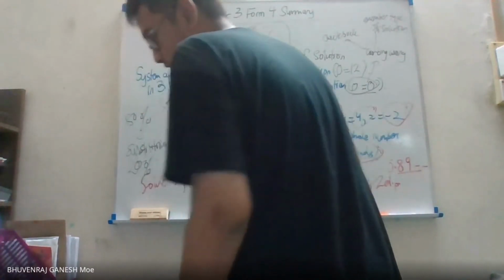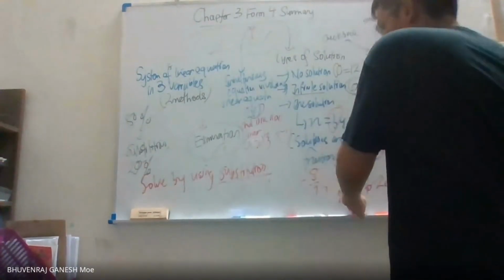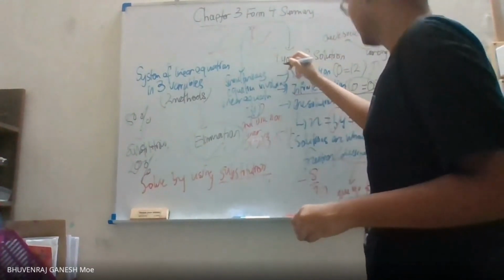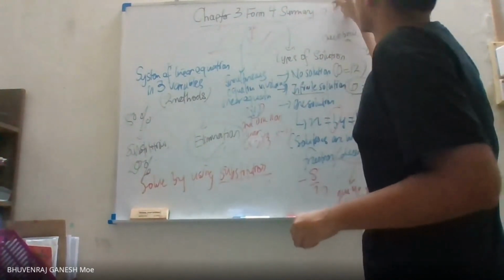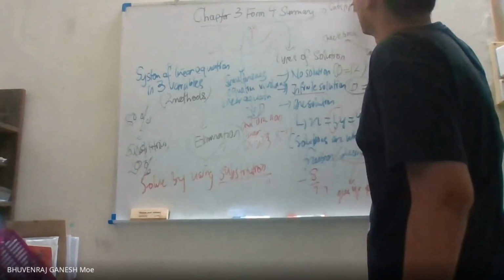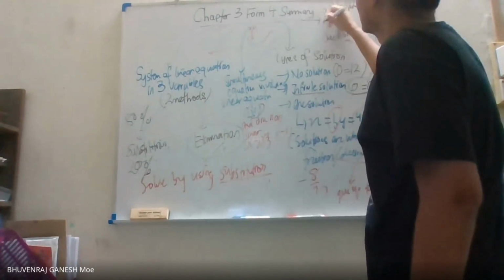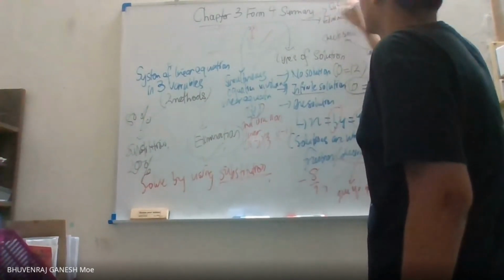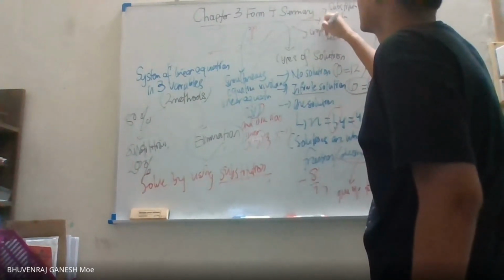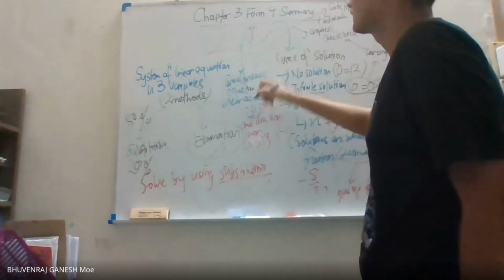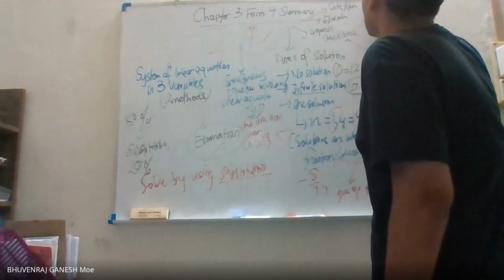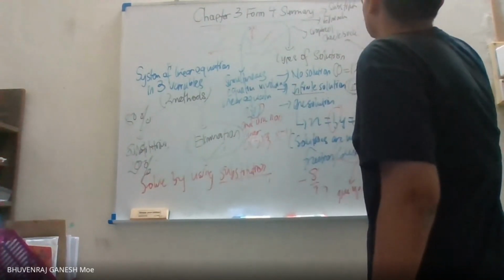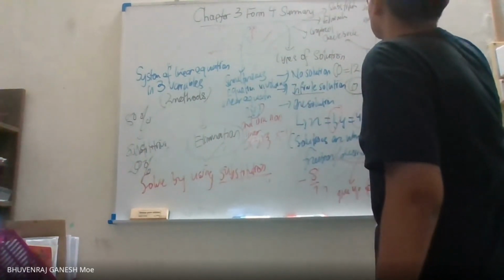And for this one, we will apply 3 methods: substitution, elimination, or graphical. These are the 3 methods to solve this kind. Usually we start from linear to non-linear, because it's the simpler one to the harder one.